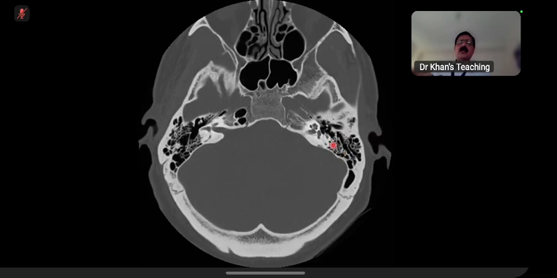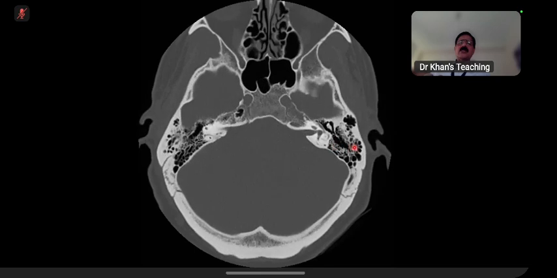But the key landmark on the axial is the epitympanum. So this should be etched in your memory, this image. This is the epitympanum. Here, the head of Malleus and the body of Incus and the short process. You can see that there is an hourglass appearance. There is anterior widening, then there is constriction, and then there is widening.